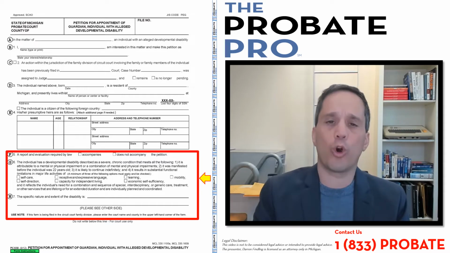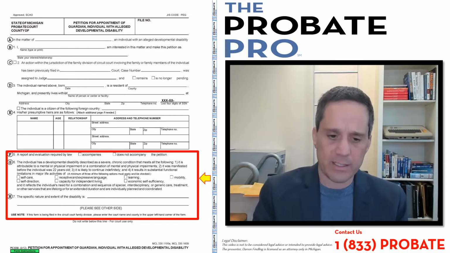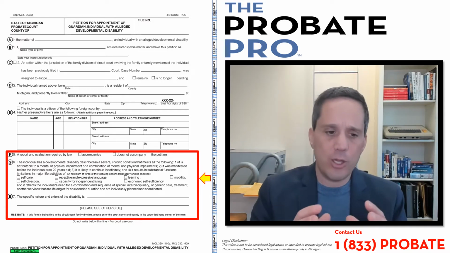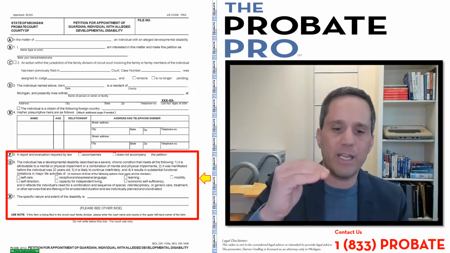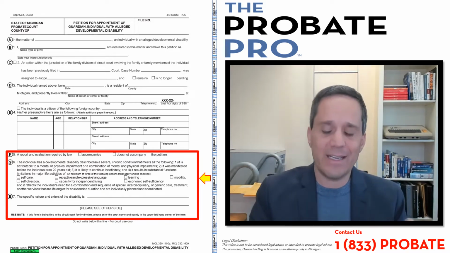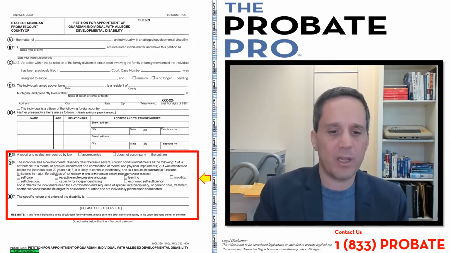So again, working with your physician, psychologist, neurologist, psychiatrist, whoever it may be, you have to determine, do they meet all 3 of those requirements under Section G, and does it result in a substantial functional limitation in their major life activities.